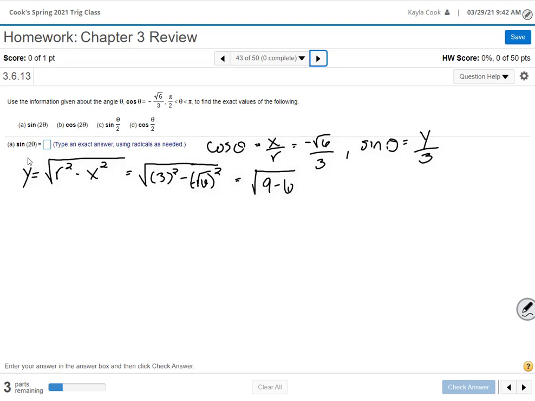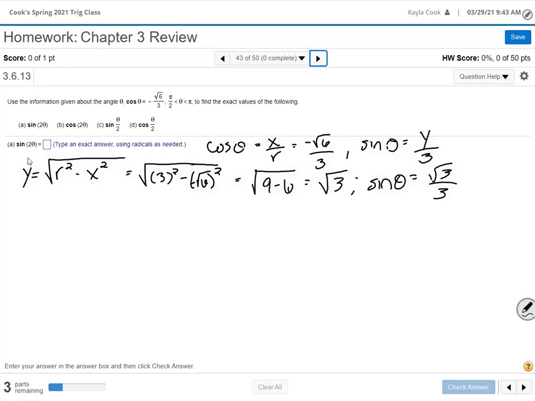That square is going to make that value positive, because a negative times a negative is a positive, and it's also going to cancel out that square root. So then that means y is equal to the square root of 3. And again, since we are in quadrant 2 and sine and y are both positive in quadrant 2, I'm going to pick the positive value for y, not the negative value. So that means that sine of theta is root 3 over 3.